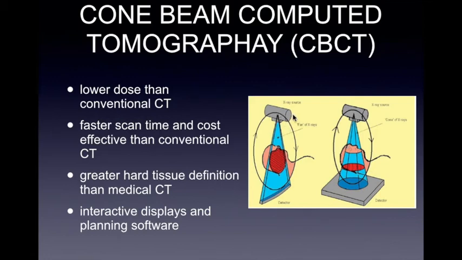So both of them have this particular idea of the X-ray source moving about the patient, exposing and getting a picture of all of the sides or angles of the patient.